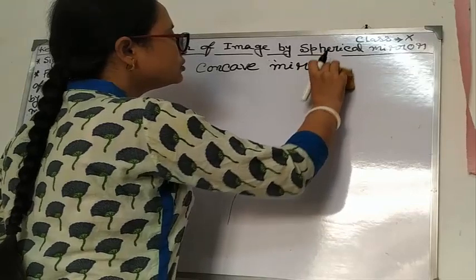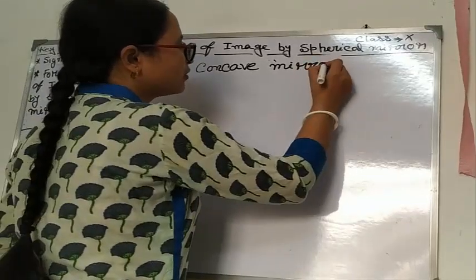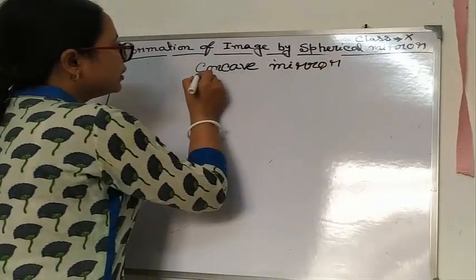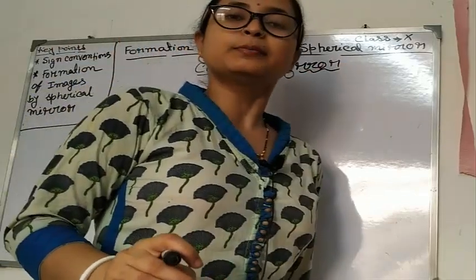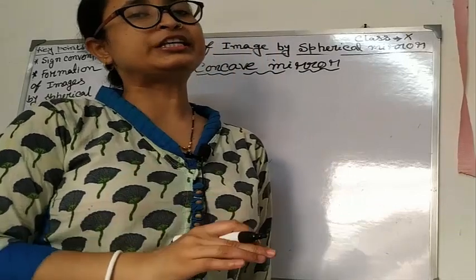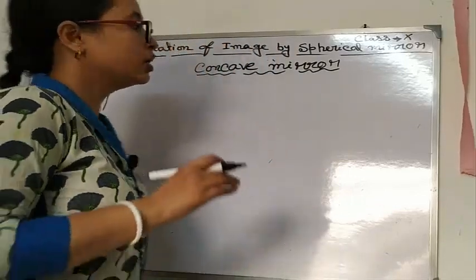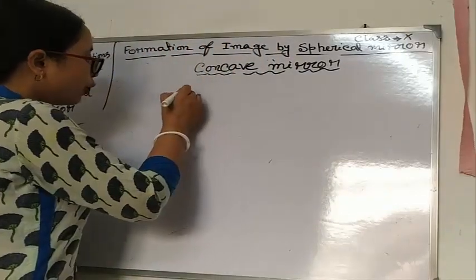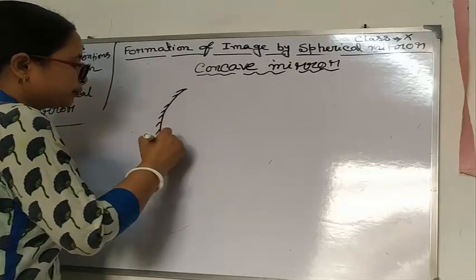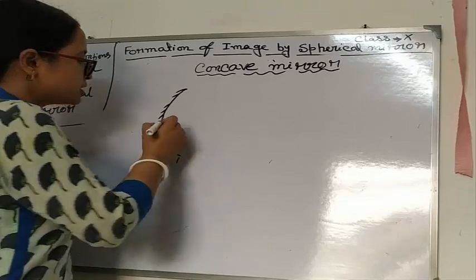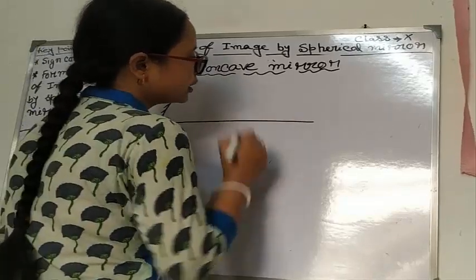Depending upon the position of the object, the nature of the image and the position of the image change in the case of a concave mirror. First, we have to learn when the object is placed at infinity, then what kind of image we will get from a concave mirror.